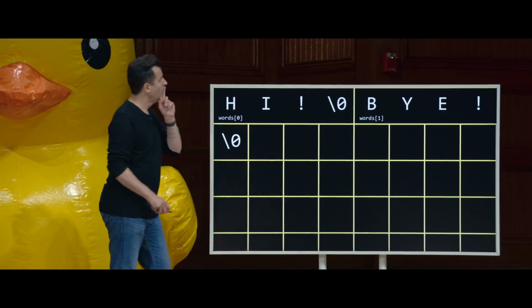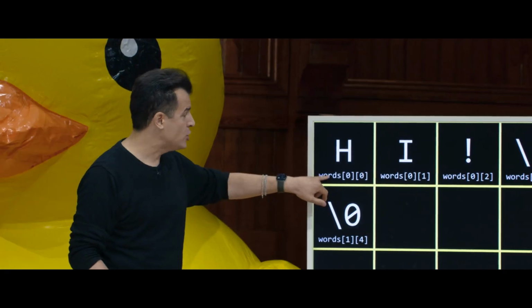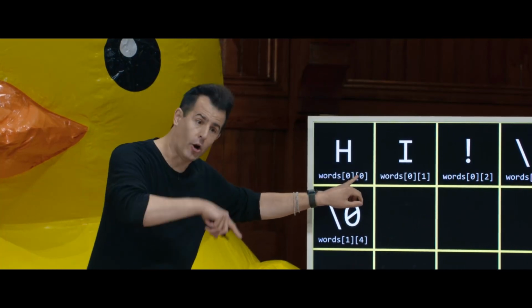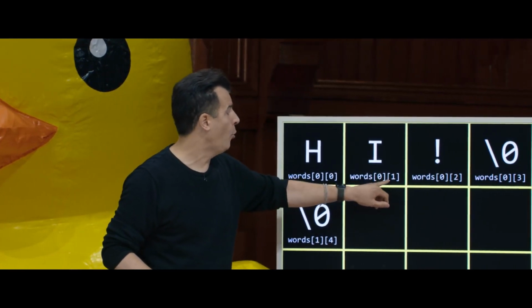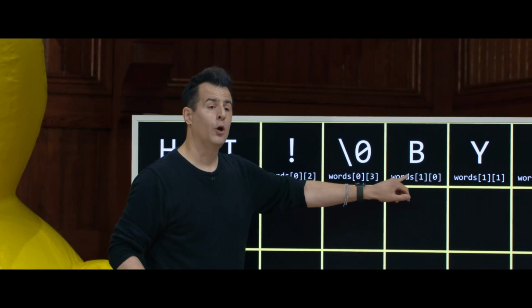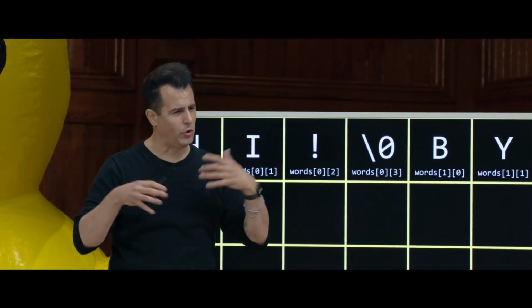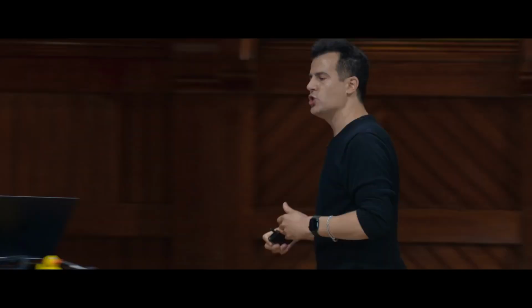And so you can also think of it like this, where this h is words bracket 0 bracket 0. So the 0th character of the 0th word. And this is words bracket 0, 1, words bracket 0, 2, words bracket 0, 3, and then words bracket 1, 0. So it's kind of like a 2-dimensional array almost. And you can think about it that way if helpful. But for now, it's just applying the same principles to the code.